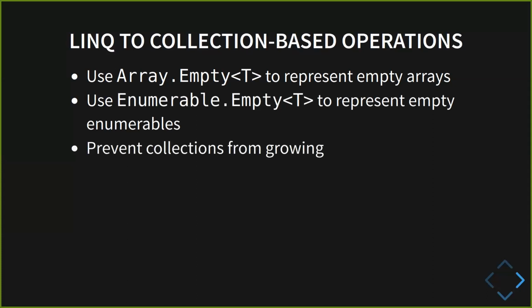Then one of the key things in performance optimizations is you should try to prevent collections from growing. Whenever a collection is created, it basically has a number of buckets internally for a fixed capacity. And once you start adding elements to the collection, and those elements reach the capacity of the collection, for example a list, then internally the list will essentially grow its capacity.